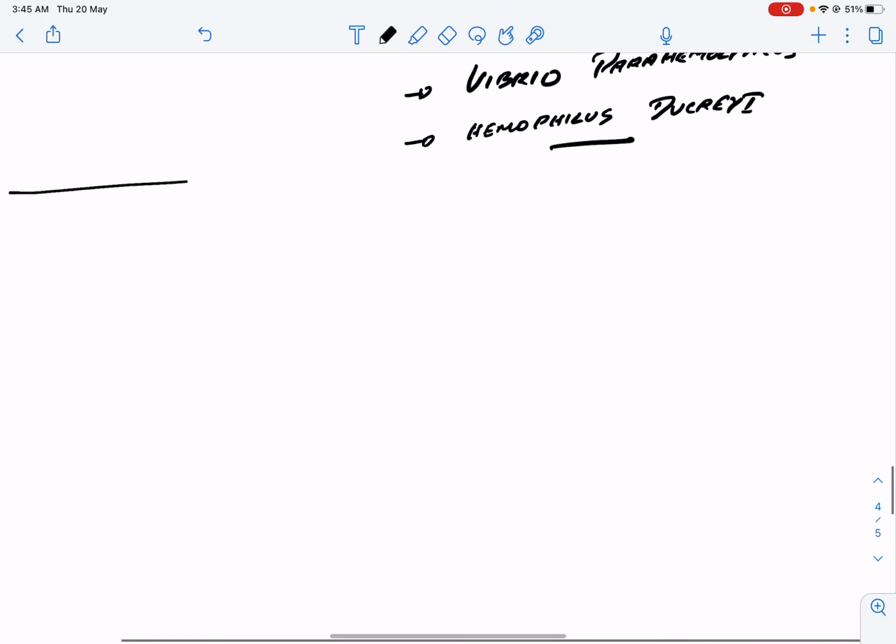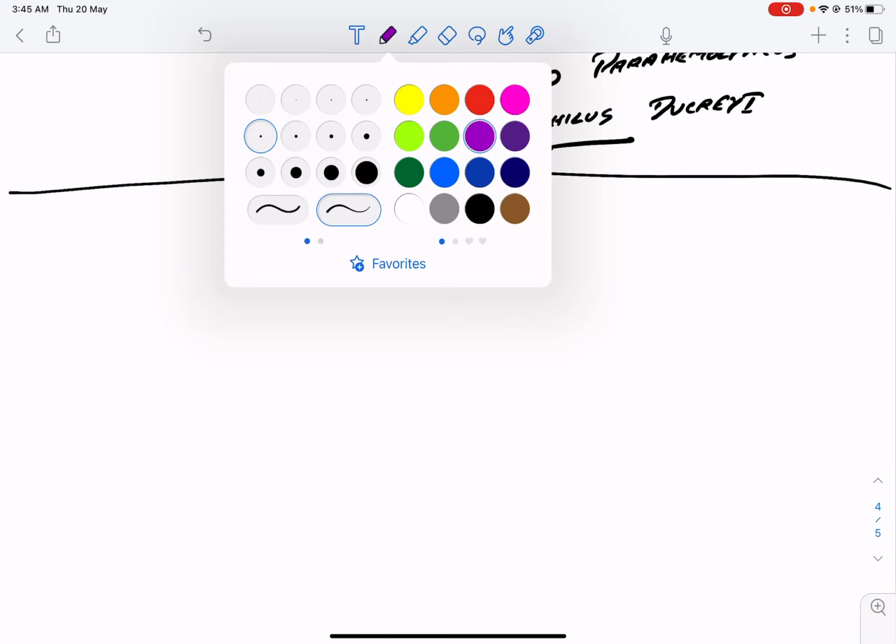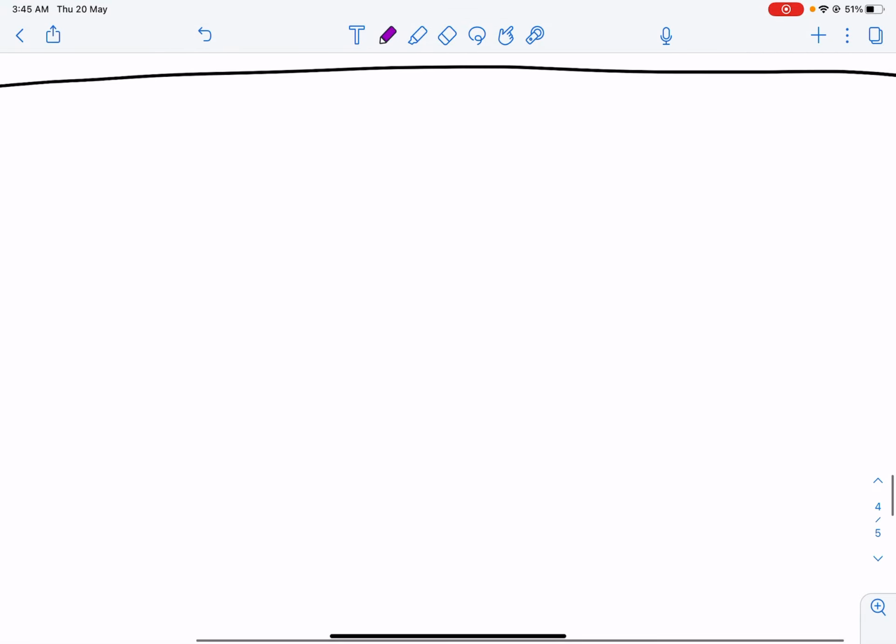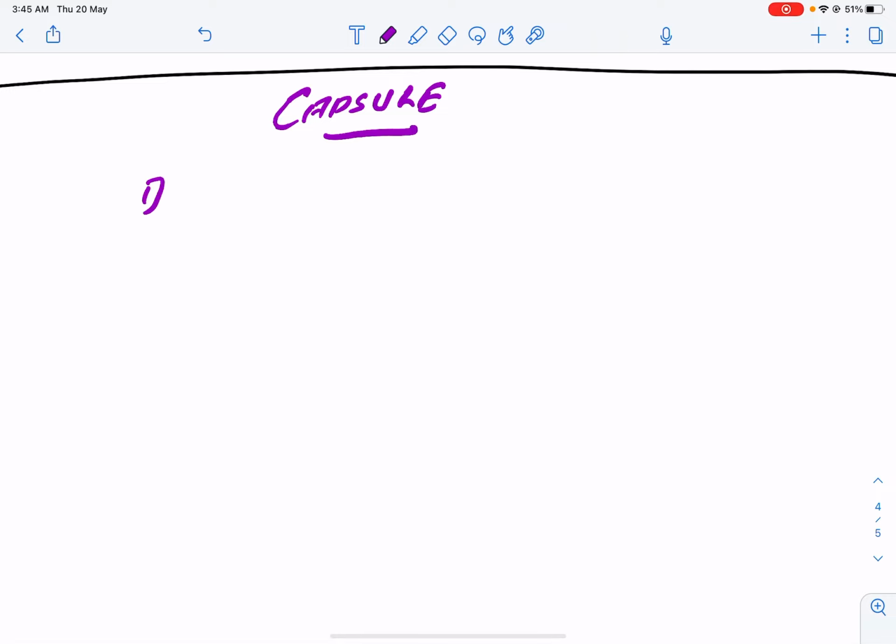Next, you might have heard there are capsulated bacteria. What all are those bacteria that have a capsule? First of all, what is the function of the capsule? If a bacteria has a capsule, remember, it avoids phagocytosis. That is the primary function.